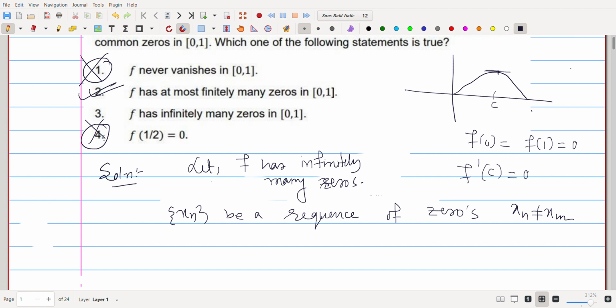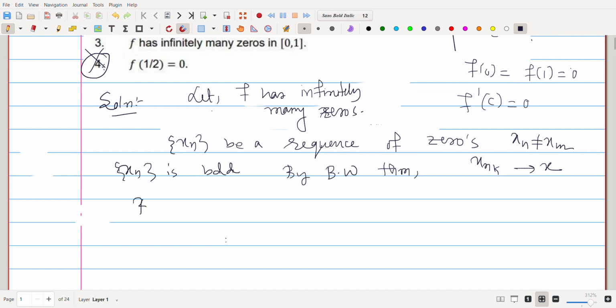Because f has infinitely many zeros, and since x_n is bounded, why? Because it is inside the closed interval [0,1]. So by the Bolzano-Weierstrass theorem it has a convergent subsequence, so let x_{n_k} be a convergent subsequence converging to x.